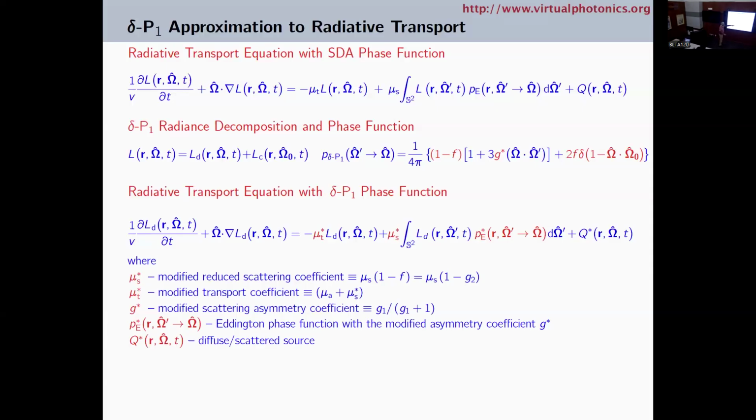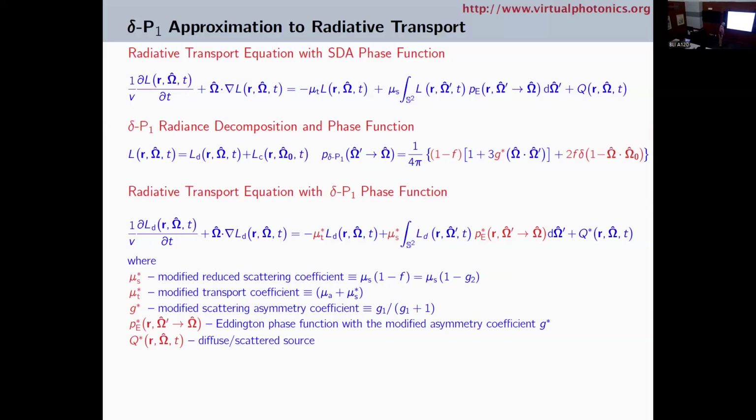So this is the radiative transport equation again. Instead of mu t here, you get mu t star, which is mu a plus mu s star, which ends up being mu s times the quantity of 1 minus the second moment of the phase function.